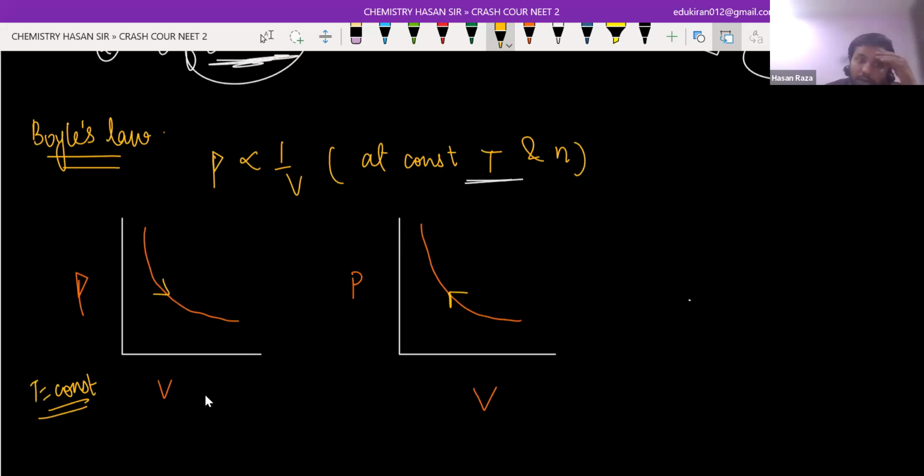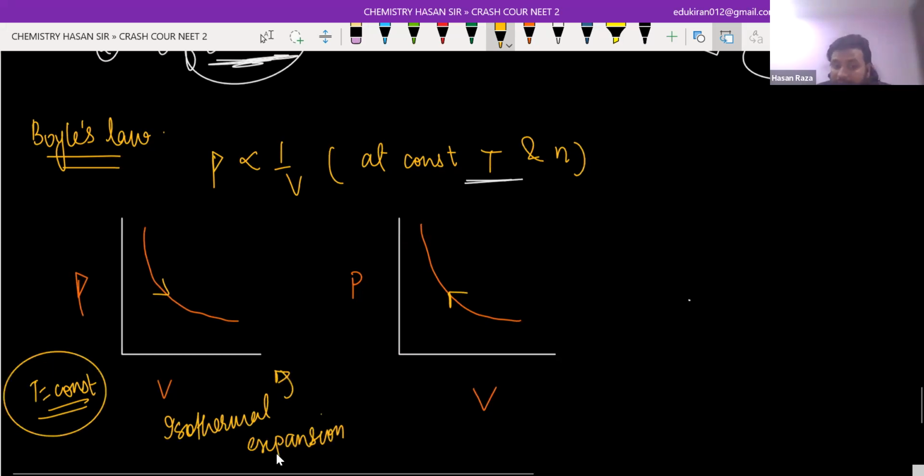Now this process is known as, when volume increases we say expansion, and the other term is compression. So this graph is isothermal expansion. Why isothermal? Since temperature is constant. Why expansion?